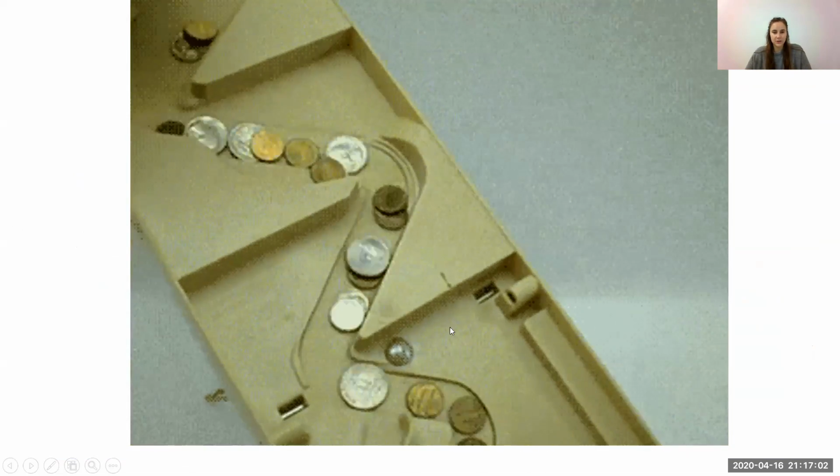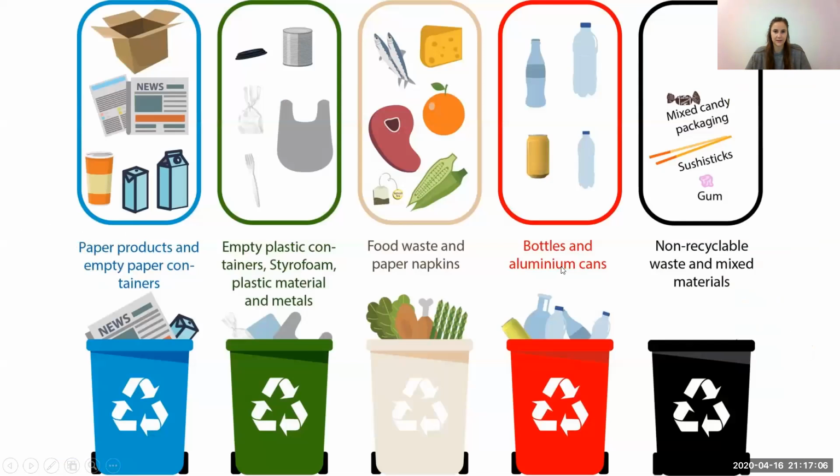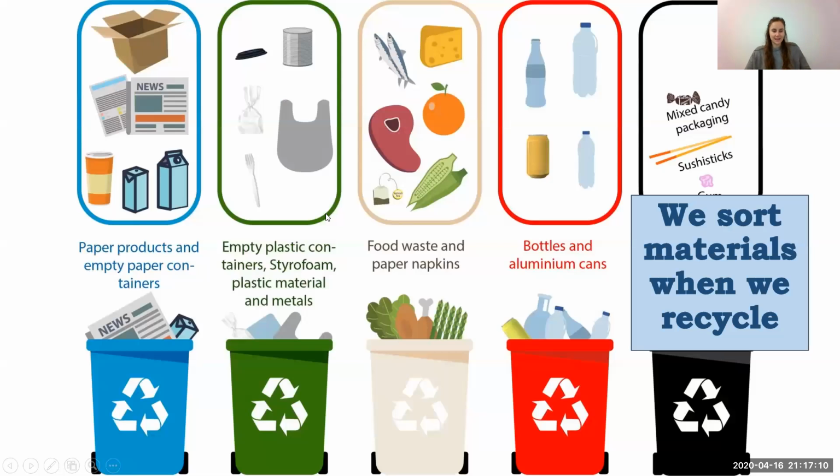Okay, so the big coins go into one place and the small coins go into another group. Okay, remember, we sort every day when we recycle. When we recycle our rubbish, we put all the materials into groups, like all the paper, things made of paper, all the things made of metal, all the things made of glass, and so on.